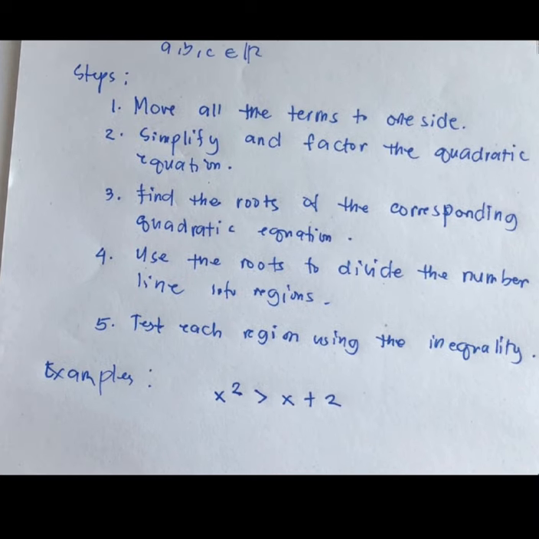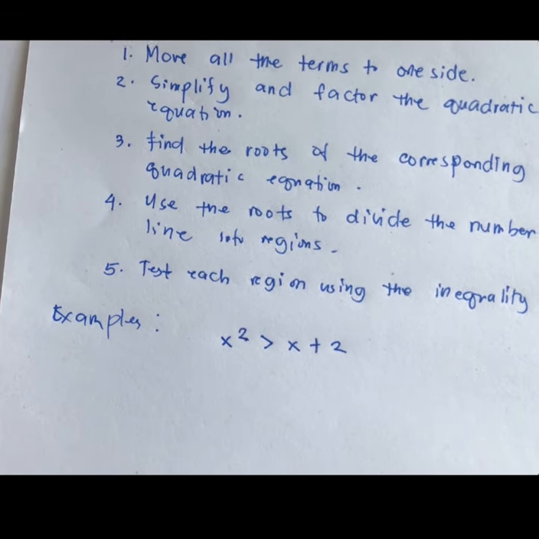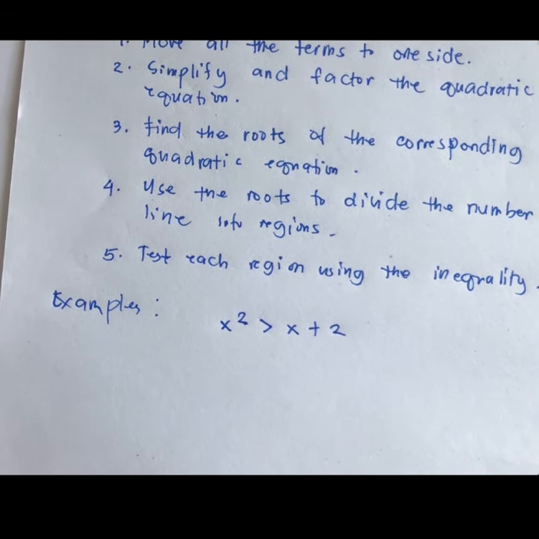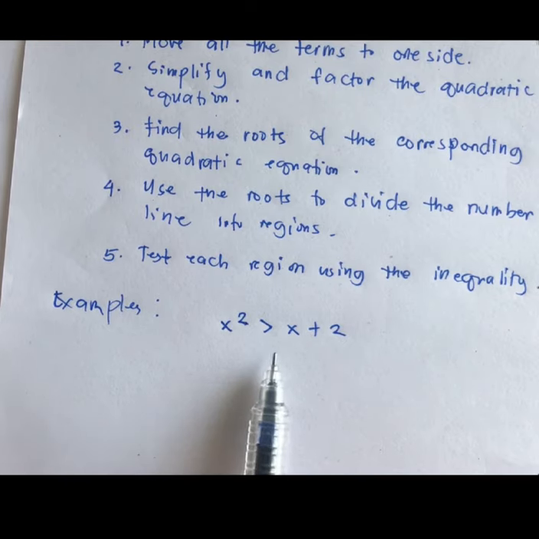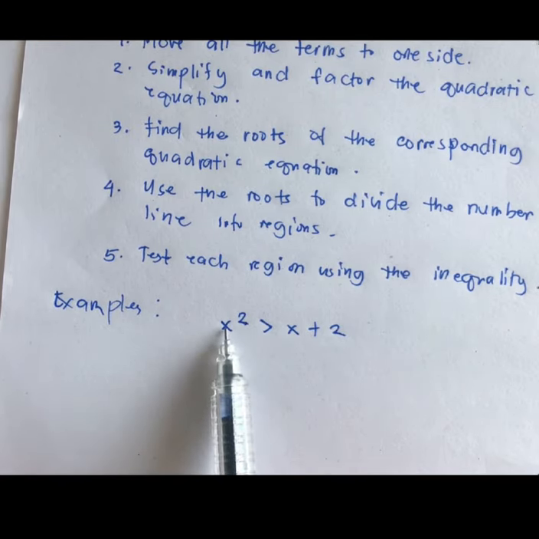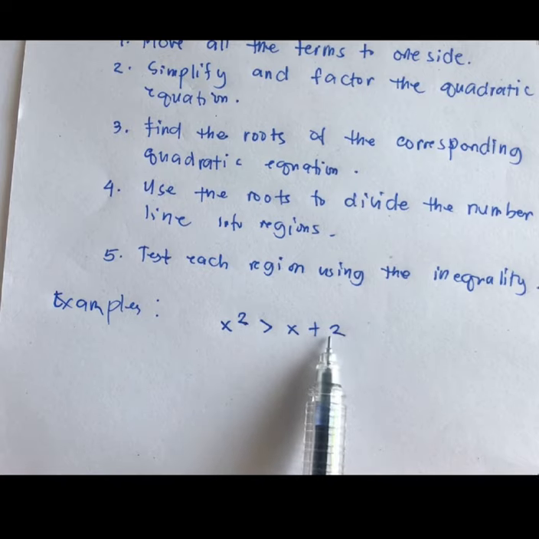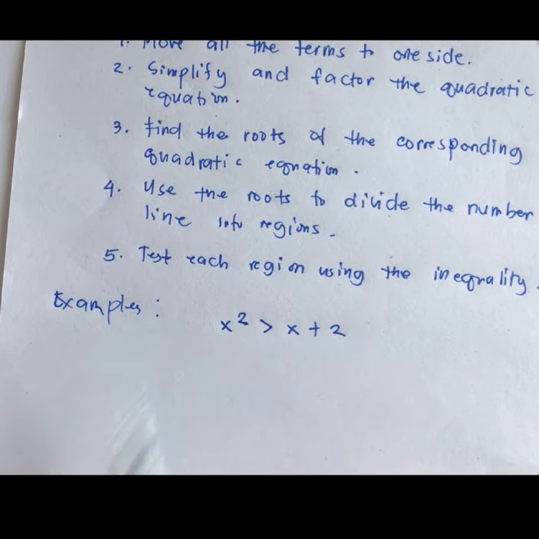In the given steps, we have step number 1, to move all the terms to one side. So, it is either we move x squared to the right side or x plus 2 to the left side.